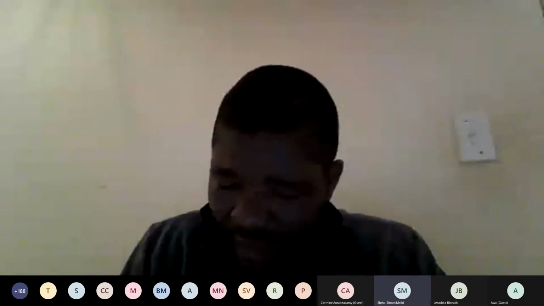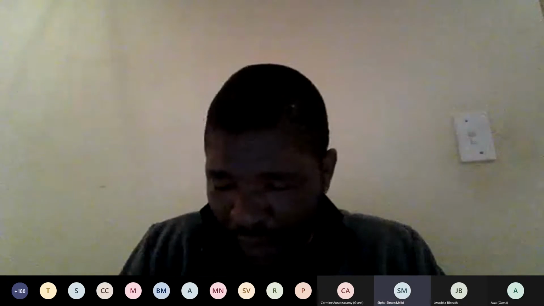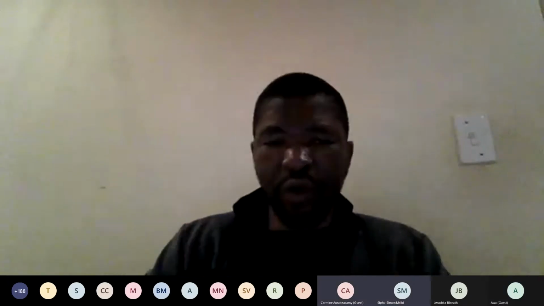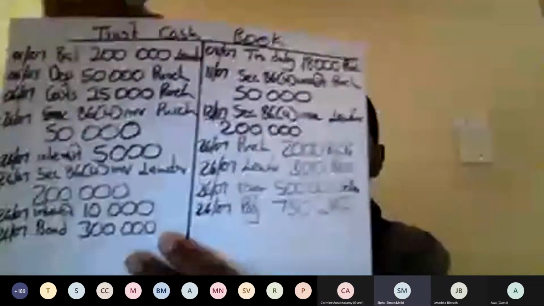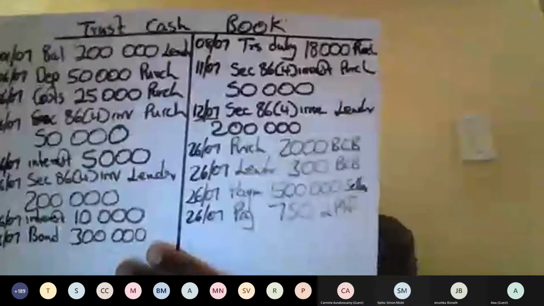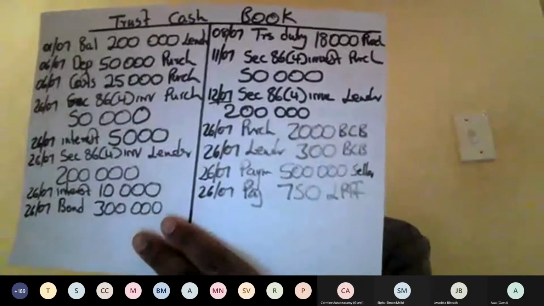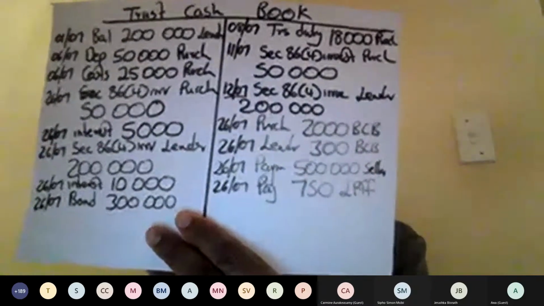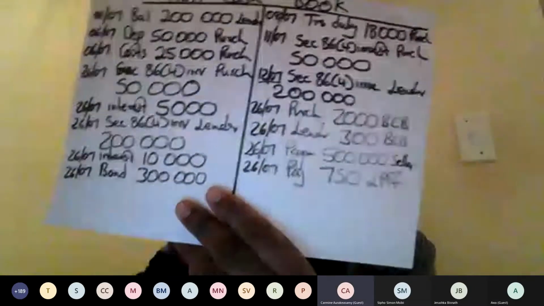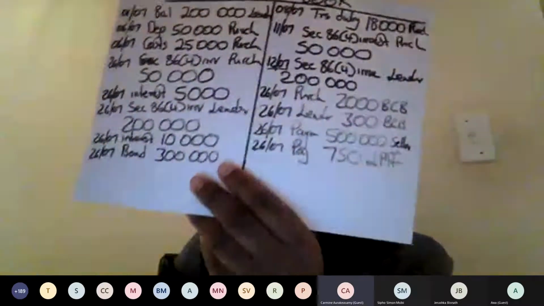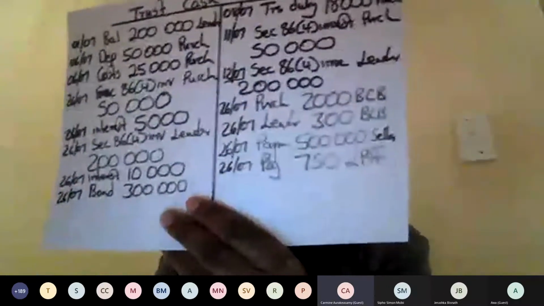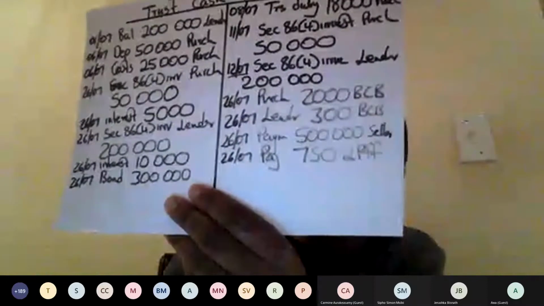Payment 750, we are paying LPFF. And now you go to the Legal Practice Fidelity Fund section 86.4 interest account. Because you credited your trust cash book, there you are going to debit.